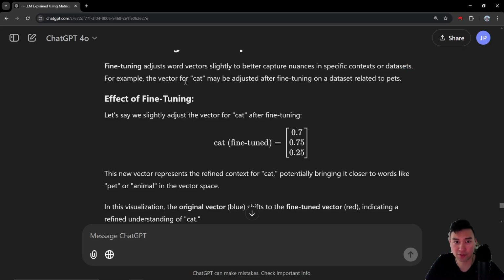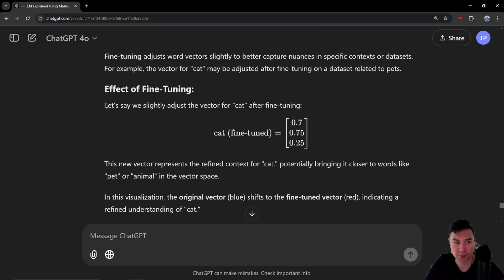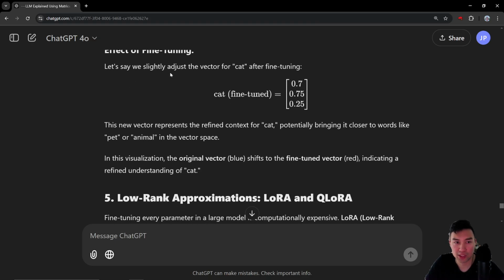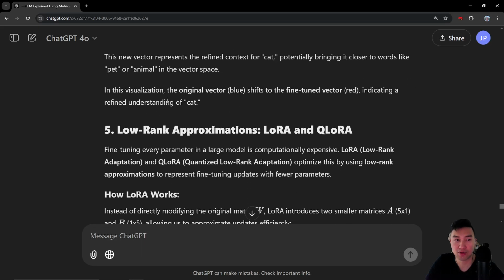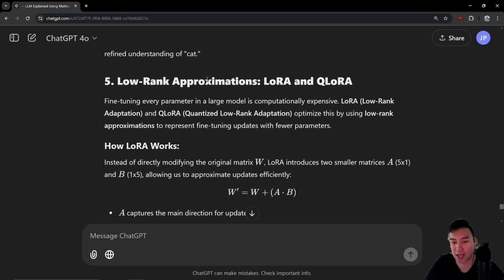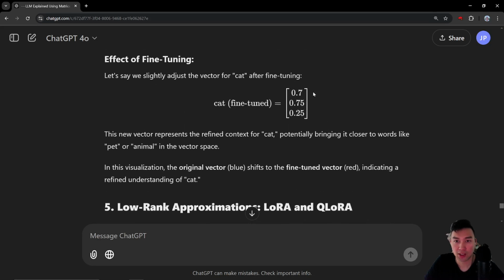For example, the vector of cat may be adjusted after fine-tuning on a data set related to pets. Let's say we slightly adjust the vector of cat after fine-tuning. We just saw that in the table. This new vector represents a refined context for cat, potentially bringing it closer to words like pet or animal in the vector space. In this visualization, the original vector in blue shifts to the fine-tuned vector in red, indicating a refined understanding of cat.